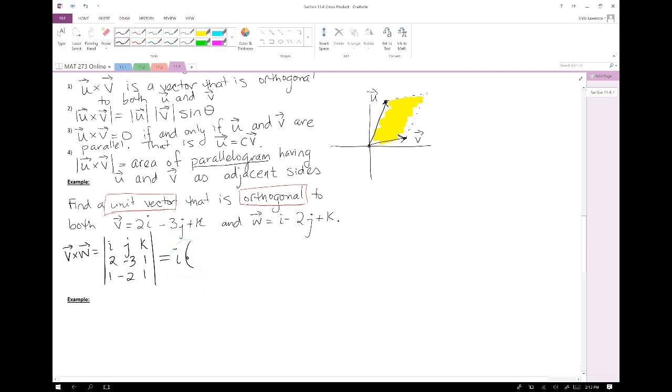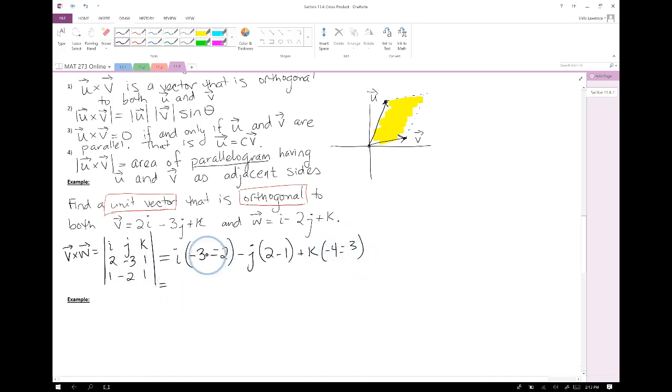I very often skip writing the 2x2s because I can see them here in my 3x3 matrix. For i, I'm going to have negative 3 minus negative 2. Those are my two products. For j, I'm going to have 2 minus 1. And then for k, I'm going to have negative 4 minus negative 3.